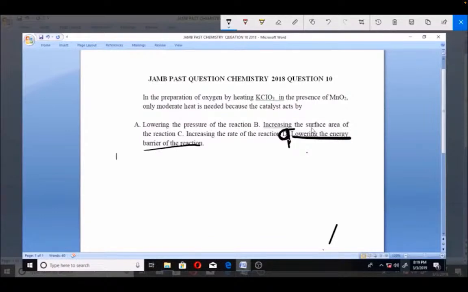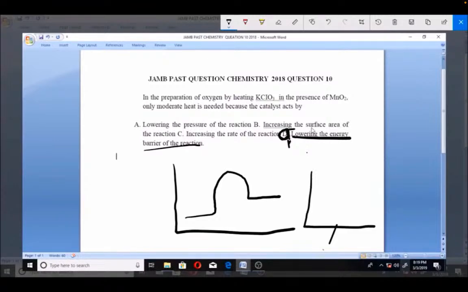So you have a normal reaction that would have gone like this. Now you have it go like this. So the energy barrier is reduced. This height is reduced to this height. That is the effect of a catalyst.